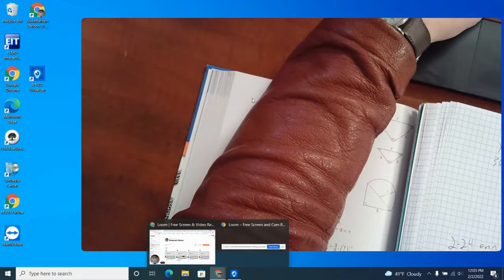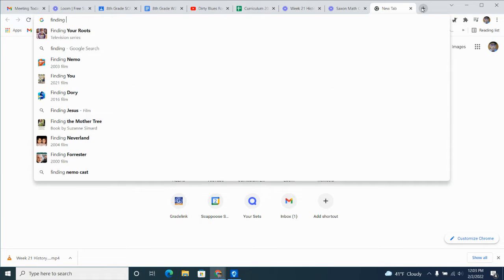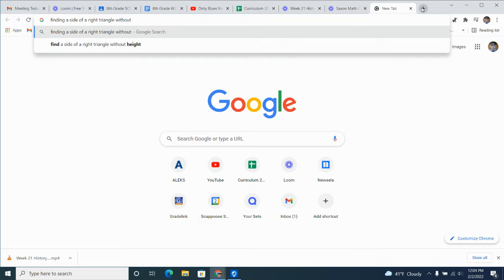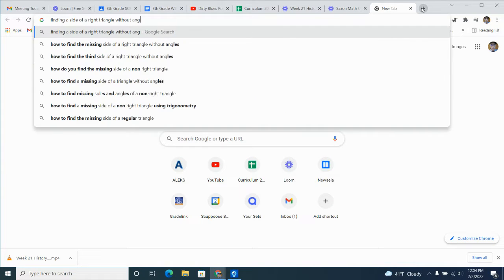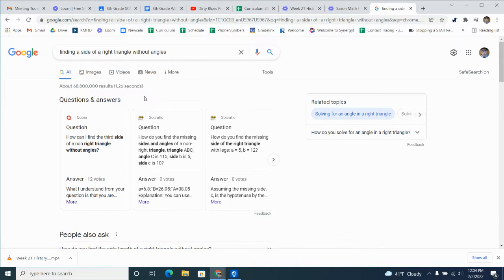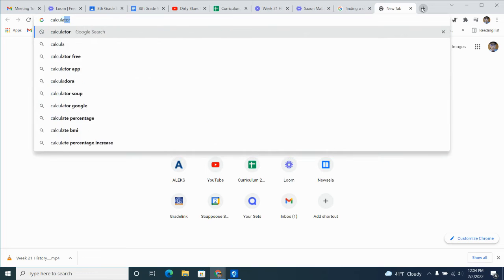So if I go and for... Alright, because what I'm doing is finding a side of a triangle without angles, okay? And so essentially what you're going to do is you need to use the sine, cosine, tangent. And let's do the calculator for Google.